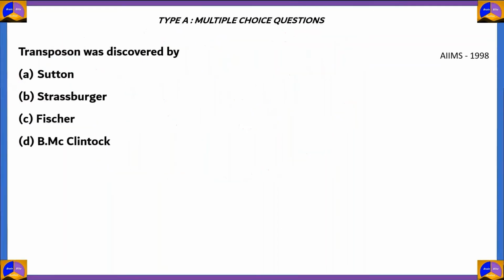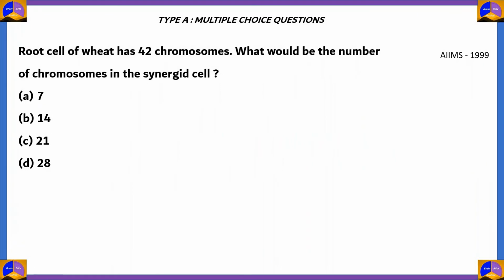Let's move on to our next question. A root cell of wheat has 42 chromosomes. What would be the number of chromosomes in the Synergid cell? So in order to solve this question, we need to know the ploidy of a root cell and a Synergid cell.